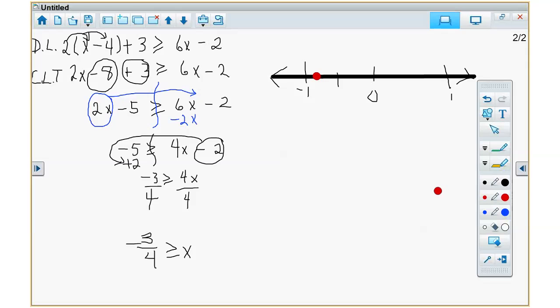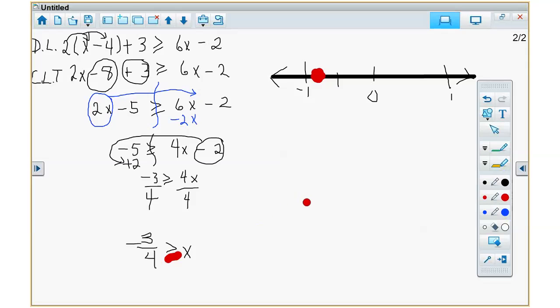Why is it full? Because the inequality has a what on the bottom of it? Has an equal sign. That's why it's full. So if you'll make it bigger, you can make it bigger. There, made it bigger. All right, now, which numbers are less than negative 3/4?